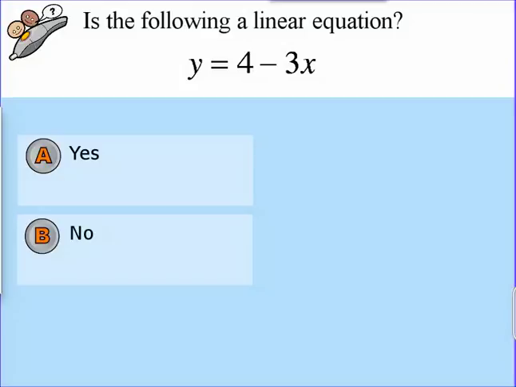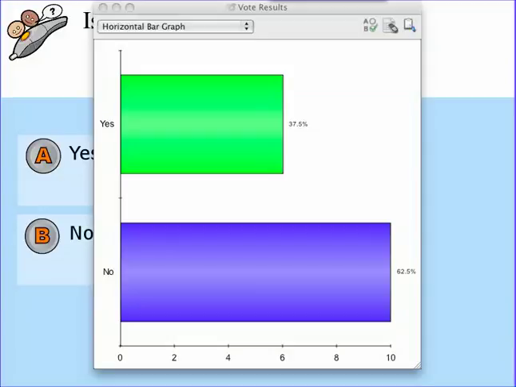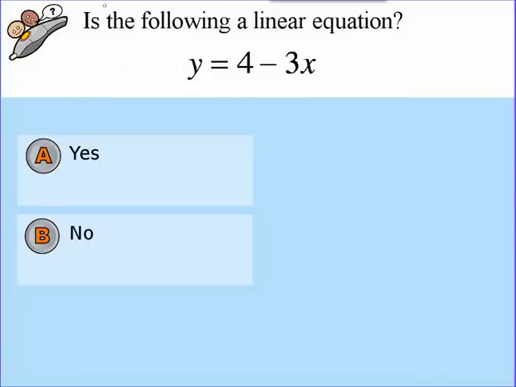Okay, so I need you to go ahead and answer, please. Let's see what we got. Okay, so real quick. That is in fact a linear equation.